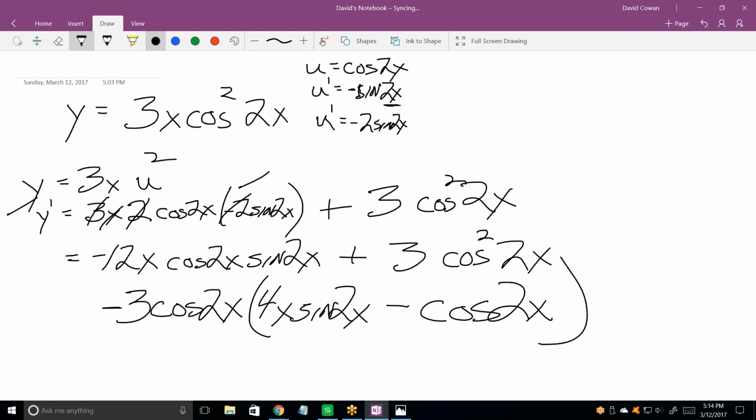Now notice that I can't do anything special with this. There's no identity that that's equal to. Which means my factoring didn't really accomplish anything. So I don't think your teacher would want you to go all the way to there. In other words, you want to factor as long as you can do something else. Like I said, had I ended up with a sine squared plus cosine squared, I can turn it into 1, and that's a tremendous simplification.